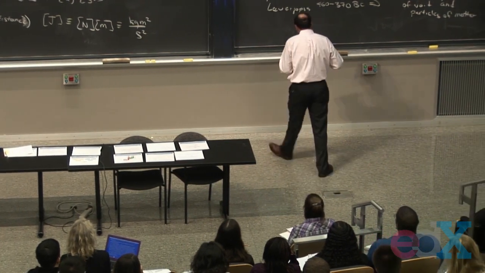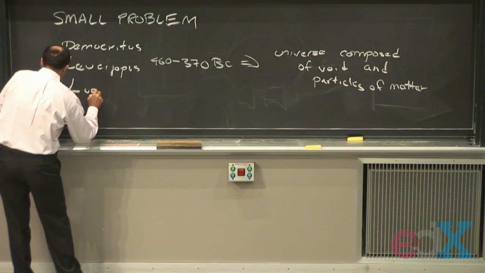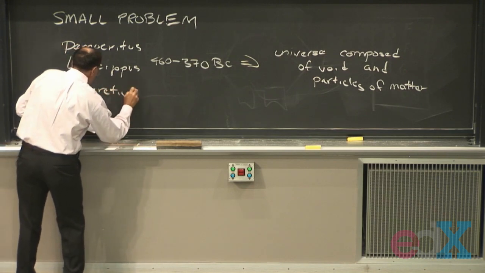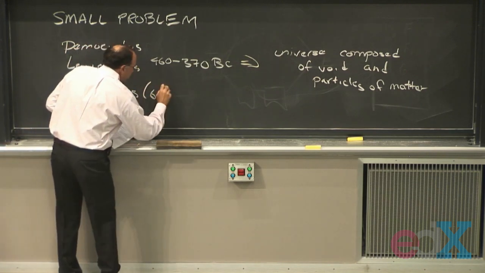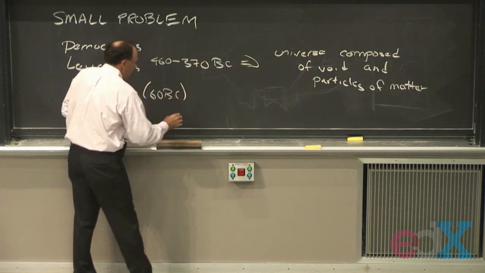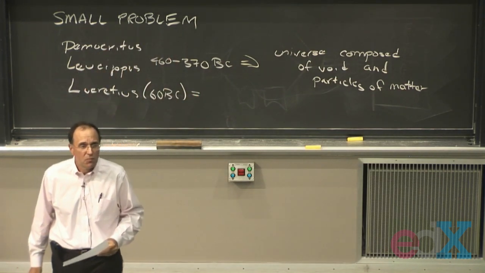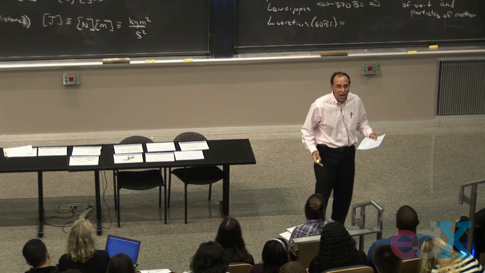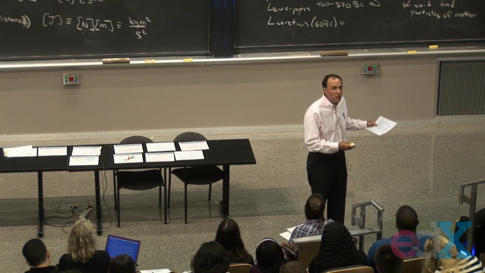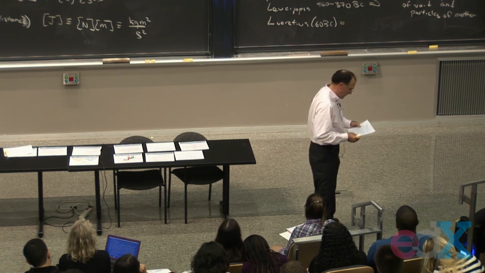A Roman, Lucretius, 60 BC, he must have had some of the original source material from Democritus. We don't have it. We actually just have the Roman versions of these things.